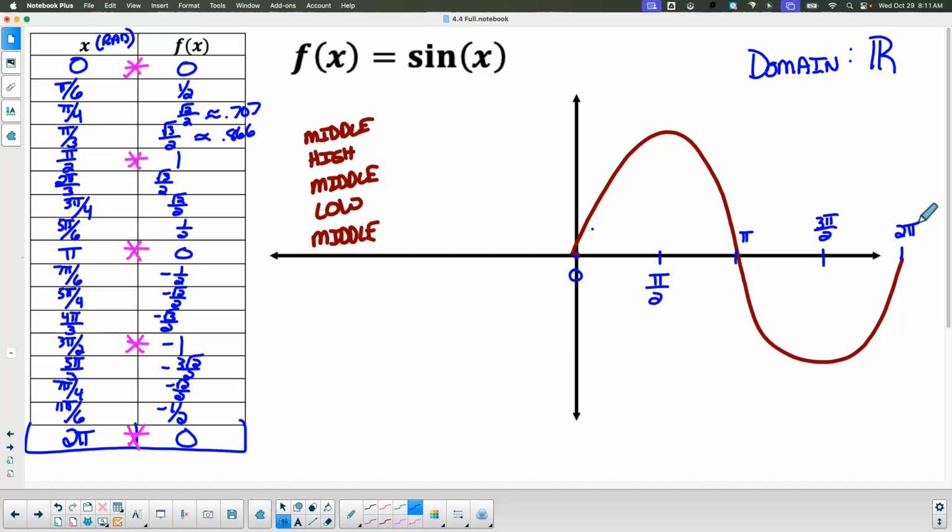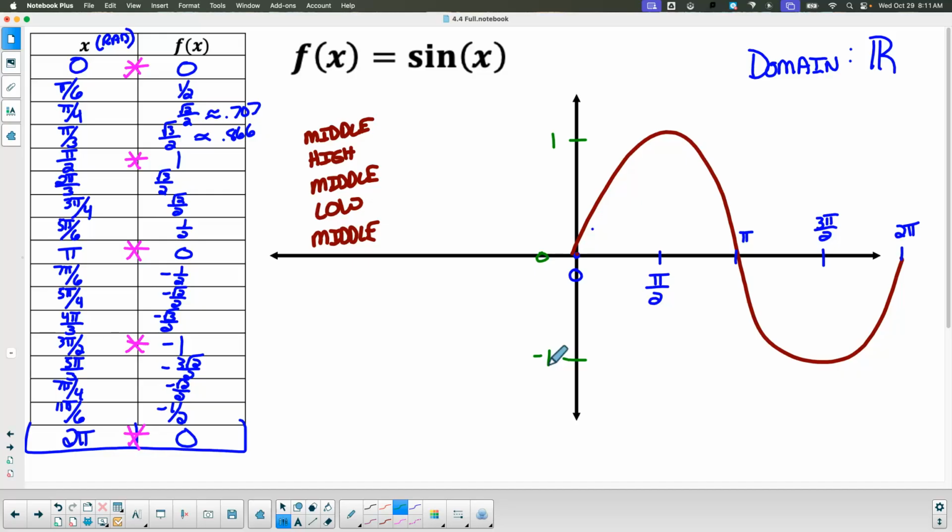You are also going to need to label your vertical axes. The maximum point is 1, the middle point is 0, and the low end is -1. That is your basic sine curve, your mother sine, if you will.